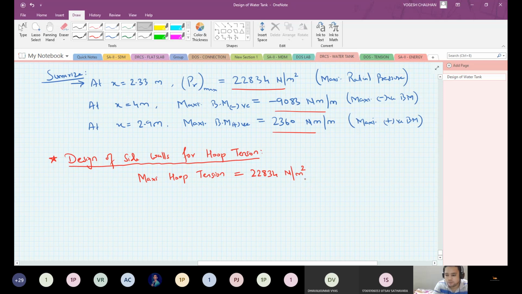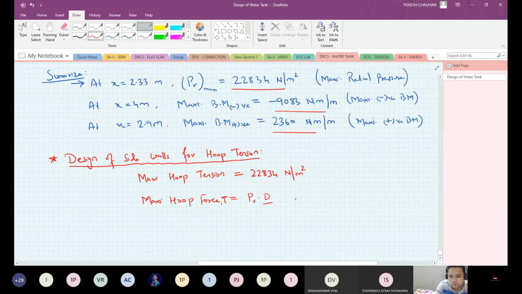Okay, so maximum hoop force will be equal to PR. Let this be T. We call this T. So T is equal to PR times D by 2.